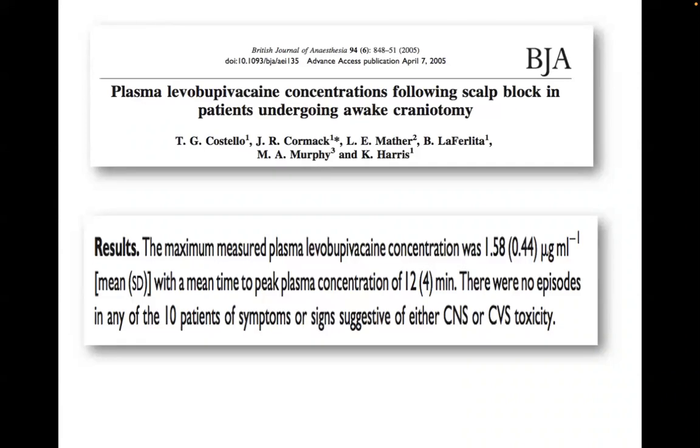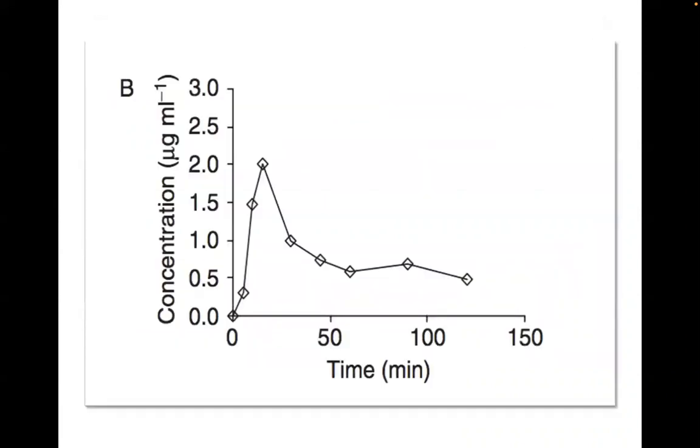Many studies have shown that after the injection, the plasma concentration reaches 2 microgram per ml within 10 to 20 minutes. This is almost touching the toxic level, which is somewhere around 2.5 to 3. Within about 15 minutes after the scalp block, the plasma concentration is around 2, and then it gradually decreases to the safest level after 120 minutes or so.